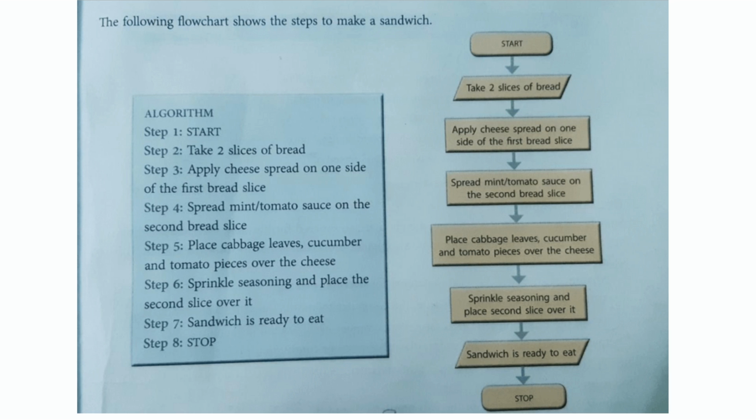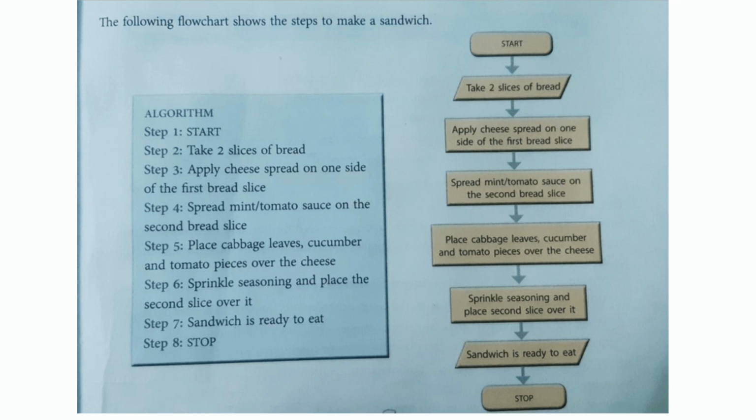See the first step: they have started and taken two slices of bread, applied cheese spread on one side of the first bread slice. The process is written stepwise. The fourth step: spread mint tomato sauce on the second bread slice.